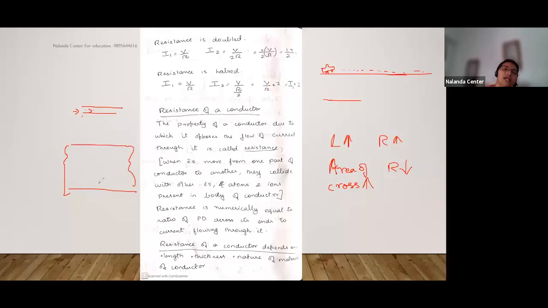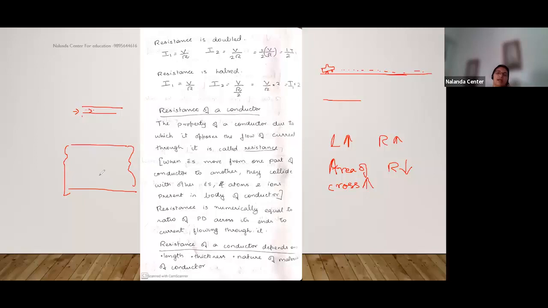Now, what about the nature of the road? One road is very bumpy and has a lot of potholes. The other road is an NH road, fully tarred and very smooth. Chances that he encounters resistance are very less on the NH road, the national highway. Is it right or wrong?